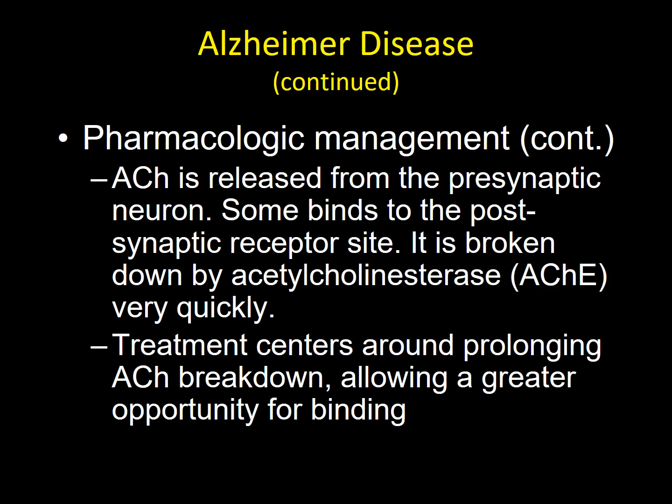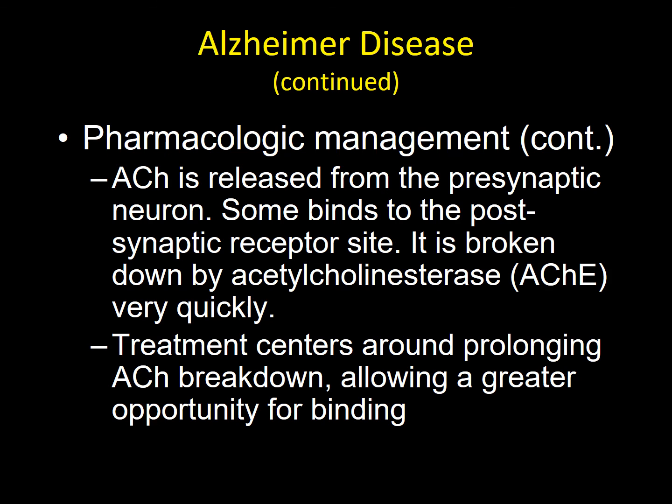And then that neurotransmitter acetylcholine is very quickly broken down by the enzyme acetylcholinesterase. I'm sure we've said this before, but remember, when you put ase on the end of a word, it breaks down the first part of the word, right? Lipases break down lipids, proteinases break down proteins, amylase breaks down amylin, and acetylcholinesterase breaks down acetylcholine.